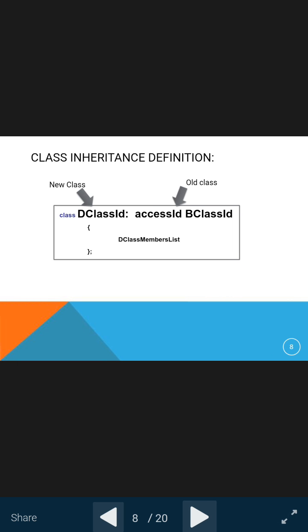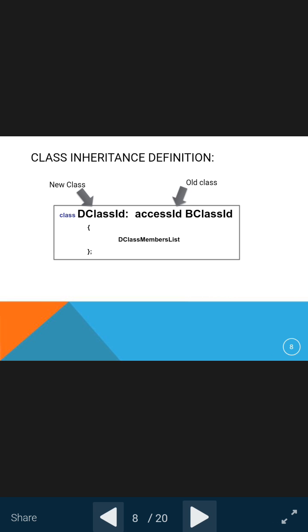Next, the syntax of inheritance. Class is a keyword that is written only in small case letters. Next, D class ID is the derived class. Next we have a colon, which means extends: the derived class extends. Next is the access ID, that means access modifiers.